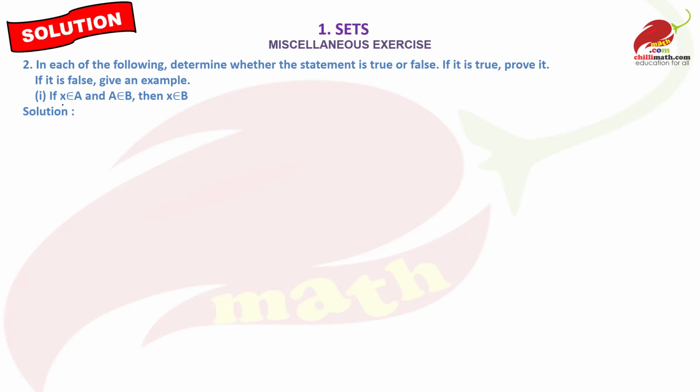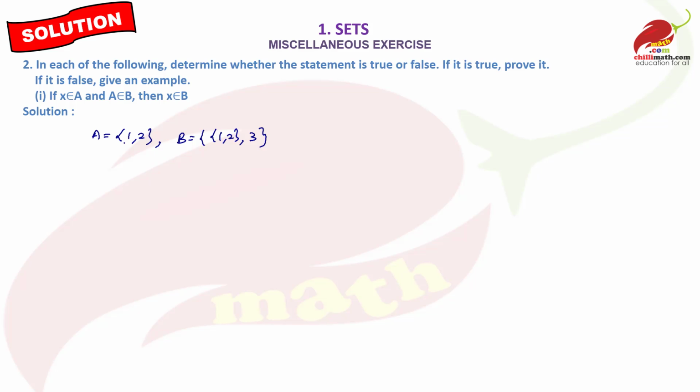So let's assume this x belongs to A. Let A is equal to {1, 2}. A belongs to B, so let us take B is equal to {1, 2, and any other element 3}. Now let's check x belongs to B or not.